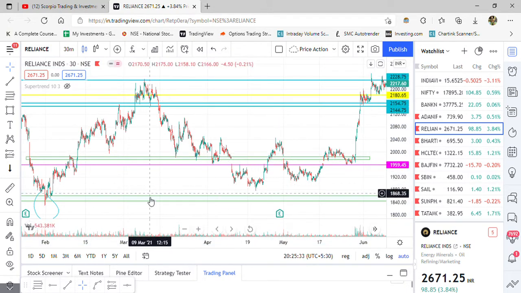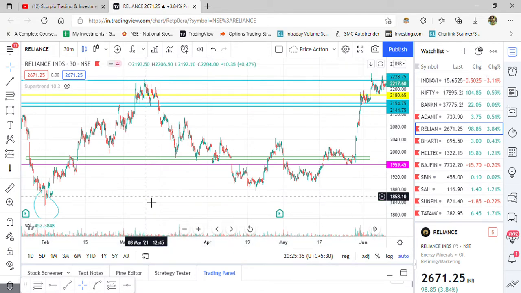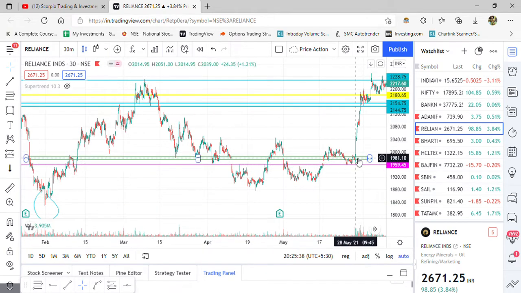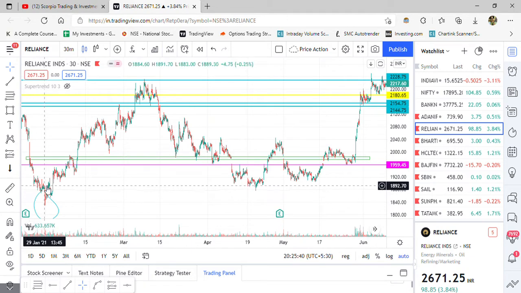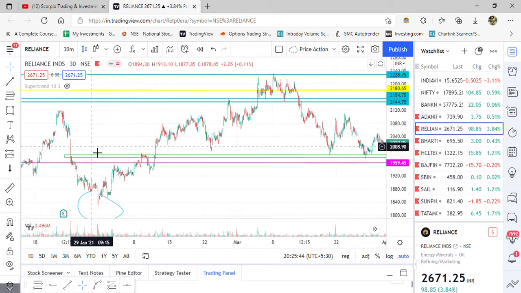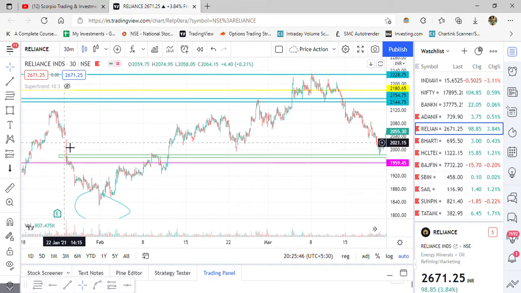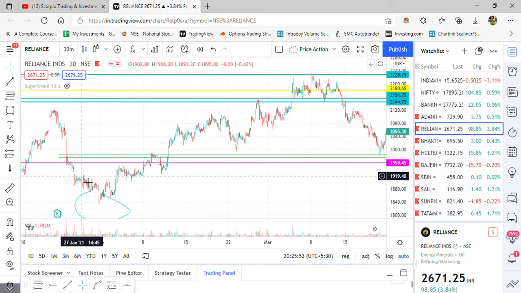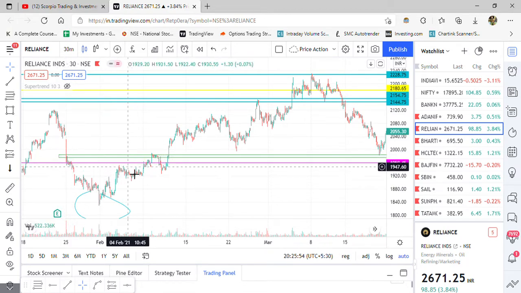Now if you see the green line which I have marked, in this area the stock gave a breakdown, crossed this area and came down. After that, the stock was struggling to cross this area.